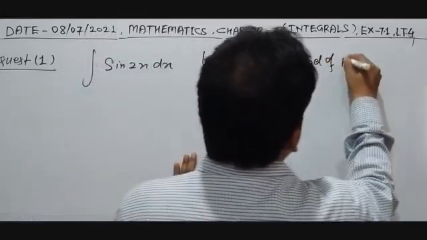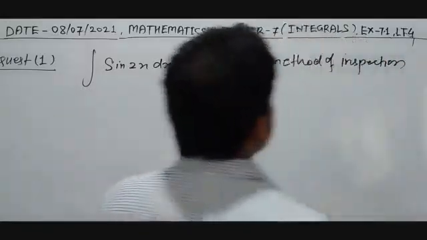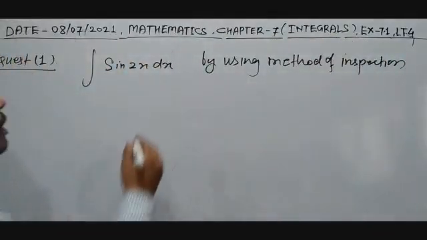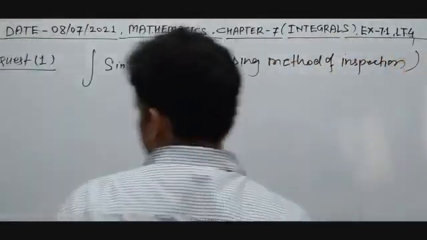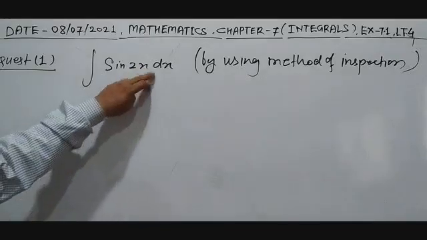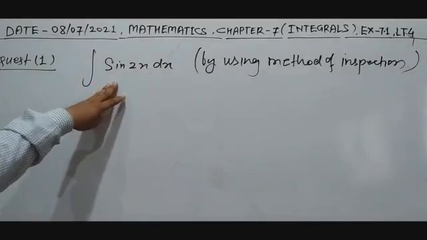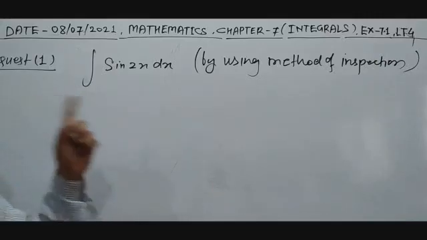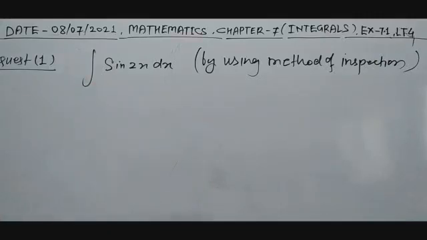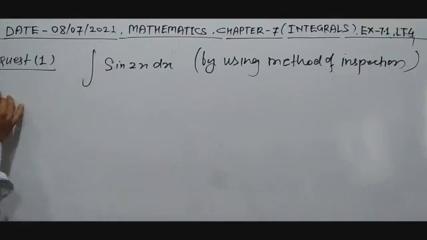First of all, we have to check the function. The given function is sine 2x. So first of all, we have to find the function whose derivative is sine 2x. Now suppose the solution is here.